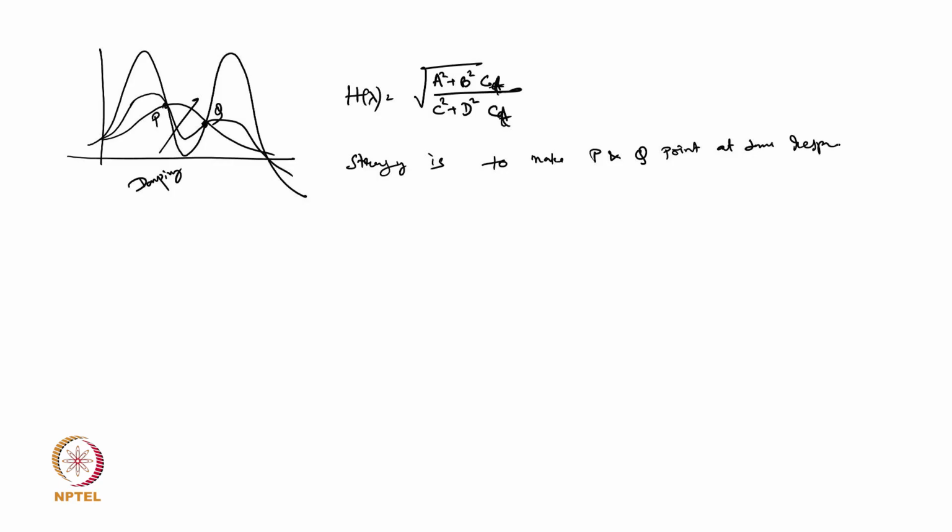Means whatever response you are getting at the P point, that should be the same as the Q point. How can you do that? We see that it is invariant with the damping. So the location of the P and Q points depends on what? The location of P and Q depends on other parameters.